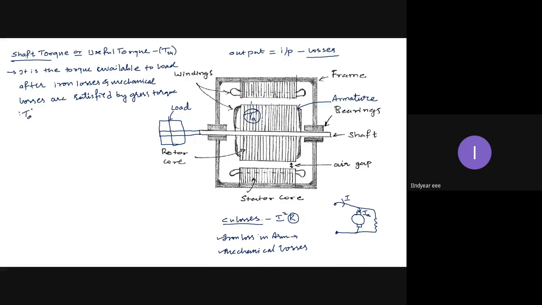So did you now understand why I called this armature torque as gross torque? Okay. So the net torque that is available is the shaft torque. So shaft torque is known as a net torque. Armature torque is known as gross torque. Okay, because out of that armature torque developed, some amount of torque is utilized to overcome the losses.